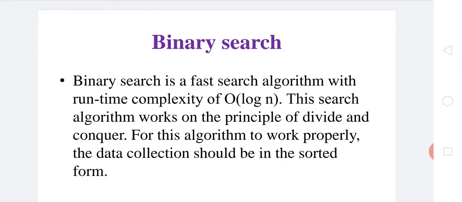Otherwise, the item is searched in the sub array to the right of the middle item. Means that if the search element is greater than the middle element, then we can search this element at the right side of the array. This process continues on the sub array until the size of the sub array reduces to 0.